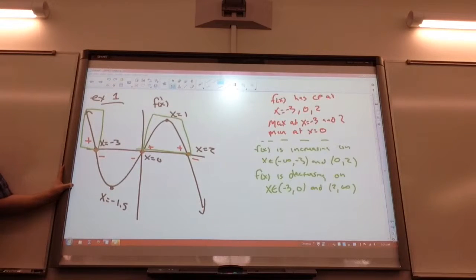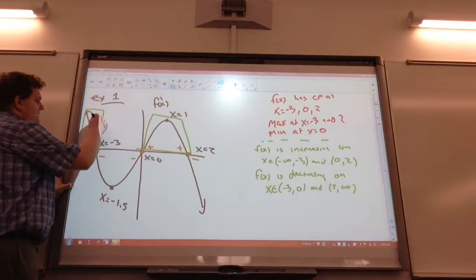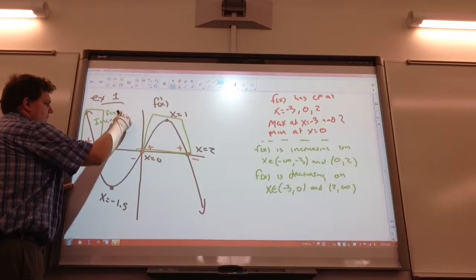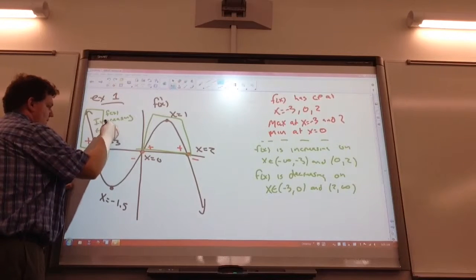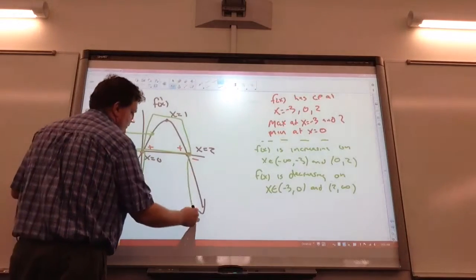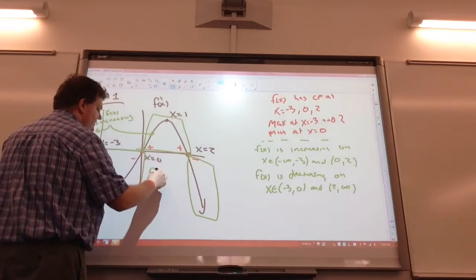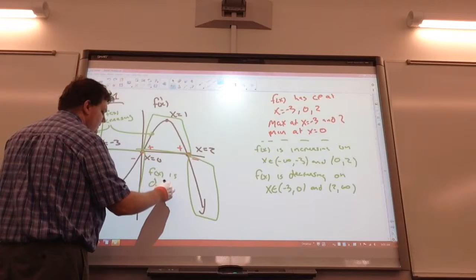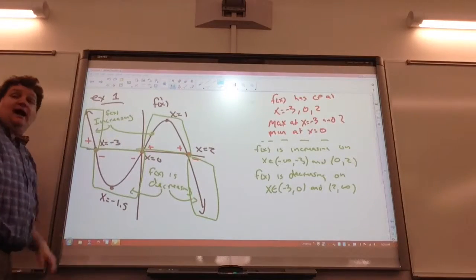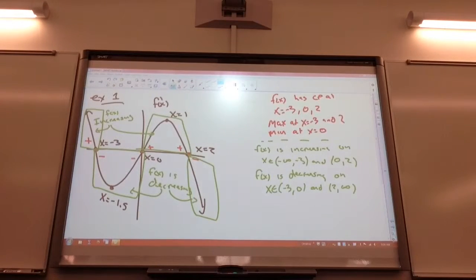So those intervals correspond to where f of x is increasing. Likewise, that zone and this zone is where f of x is decreasing, because that's where f prime of x is negative. Better?